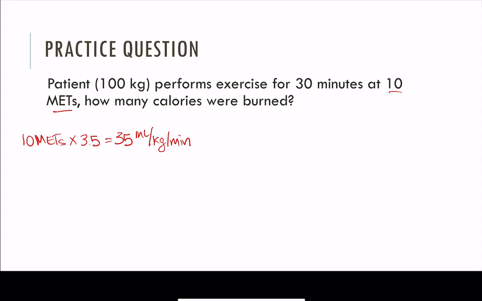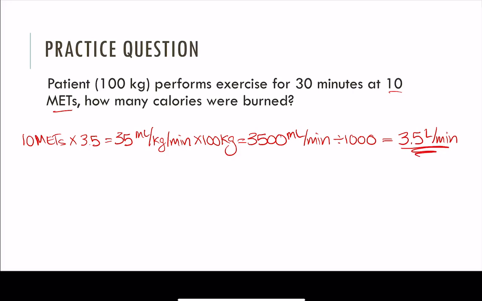He is 100 kilograms, so let's get his body weight out of there so we can get an absolute VO2 of 3,500 milliliters per minute of oxygen consumed, which is a big number, and we like it much better when it's in liters. So let's divide out 1,000 to convert to 3.5 liters per minute of oxygen consumed.